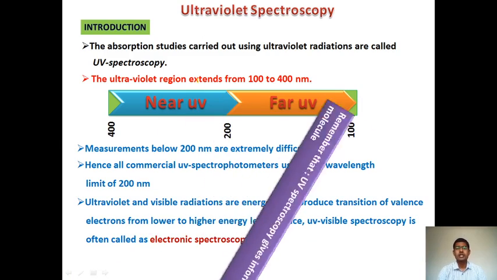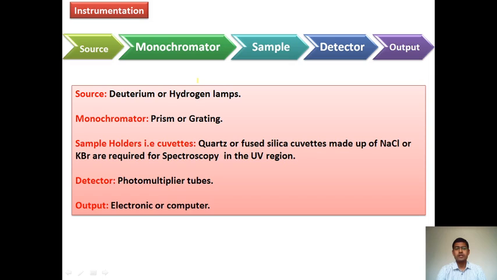Let's see the instrumentation in ultraviolet spectroscopy. The first part is the source, which is deuterium or hydrogen lamps. Next comes the monochromator. What is the role of the monochromator? If we want light of a specific frequency, specific energy or wavelength, a monochromator is used, which is usually a prism or grating.